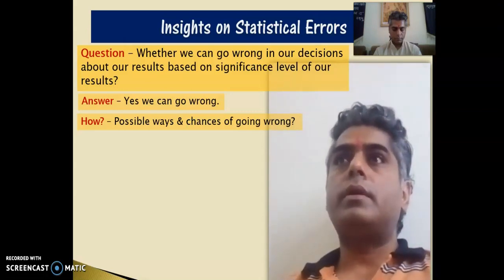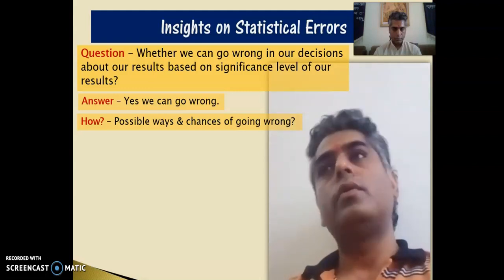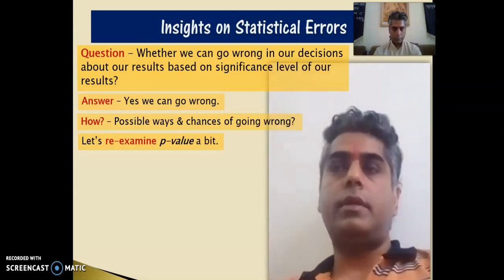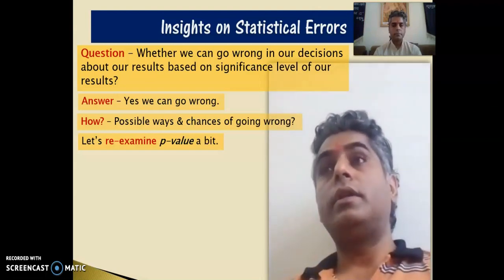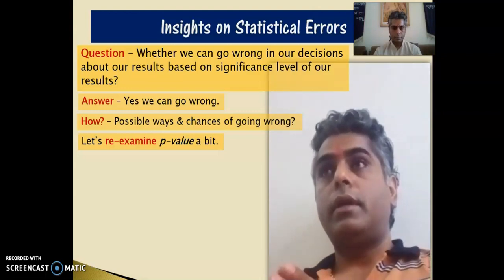So let's rewind a bit, talking in terms of p-value. P-value is a measurement of the significance of the results. Or on the other hand, the confidence we have in our results, right?